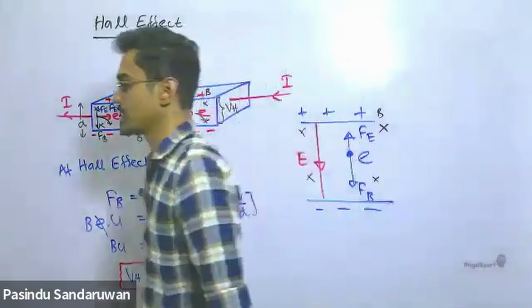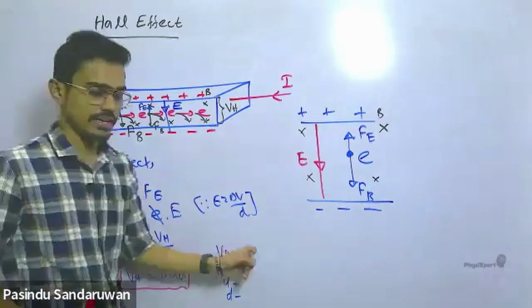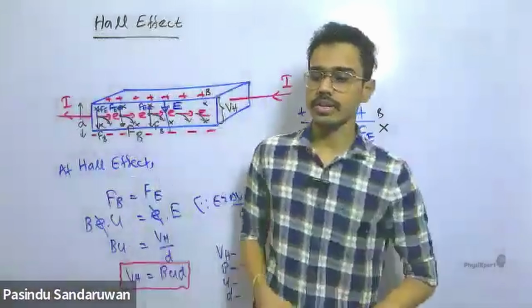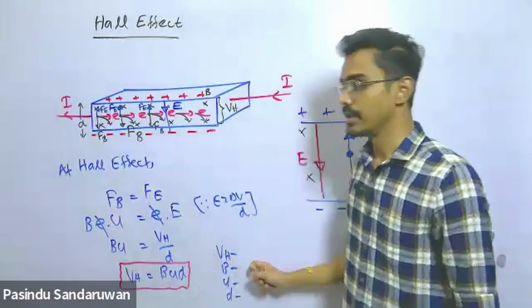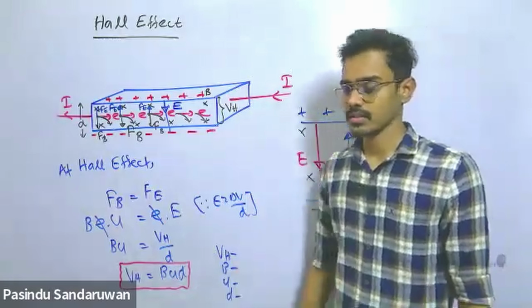Then introduce terms. VH, Hall voltage. B, magnetic flux density, our usual term.